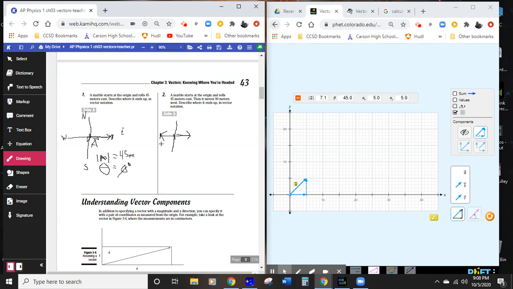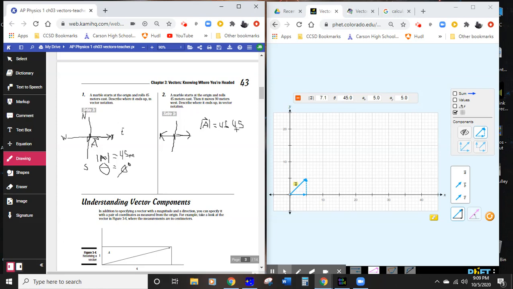And so we describe this in vector notation. So we would say the magnitude of vector A, here's the magnitude of vector A, little arrow here. The magnitude of vector A is going to be 45 meters. Remember, it's always positive. Magnitude is always going to be positive.